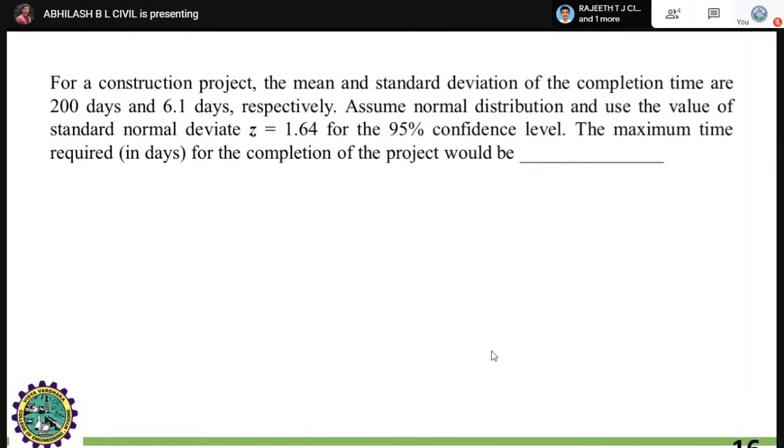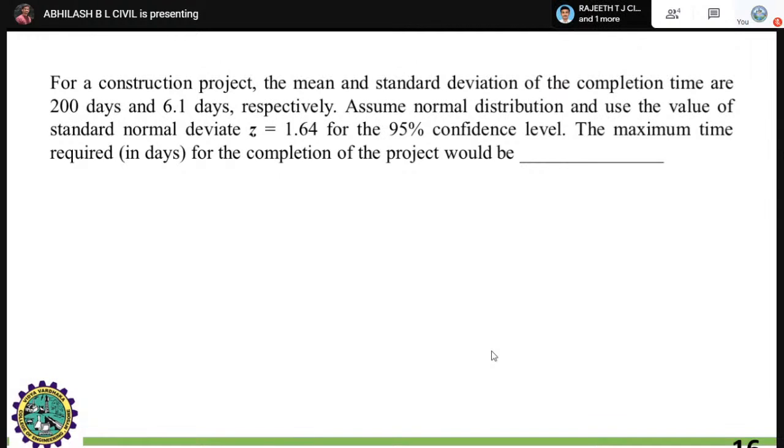That is, at a 95% confidence level, if I give the time for a construction, it will take around 365 days to complete that particular project. Somewhat I can finish in 365 days, at least I can extend up to 1 month, like that.